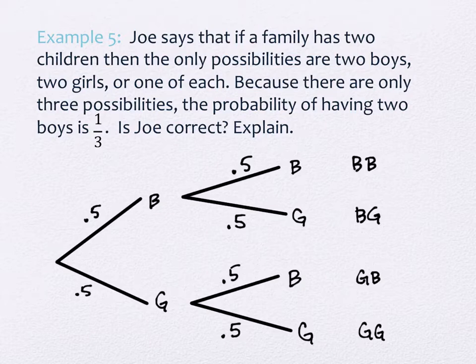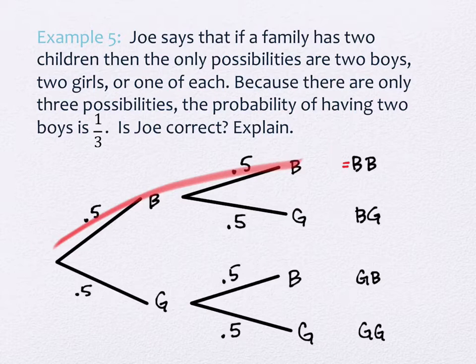A different option is you could say, yes, there are 3 outcomes, 2 boys, 2 girls, or 1 of each. But what do you notice if I find the probabilities along each branch? What's the probability of having boy, boy? How do I find a probability along a branch? Multiply. So what, I've written it as a fraction. We were using decimals.